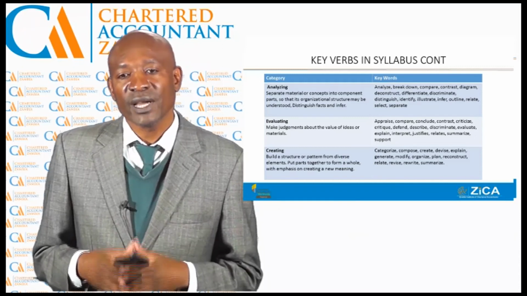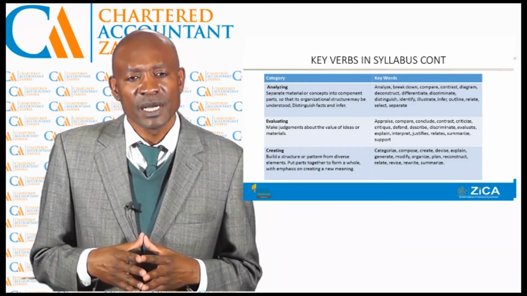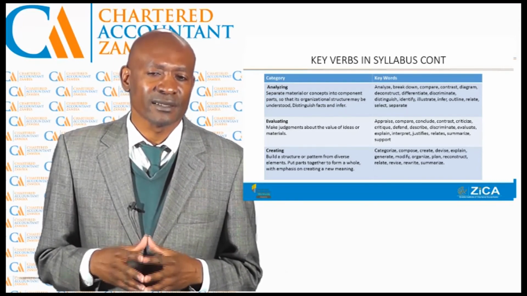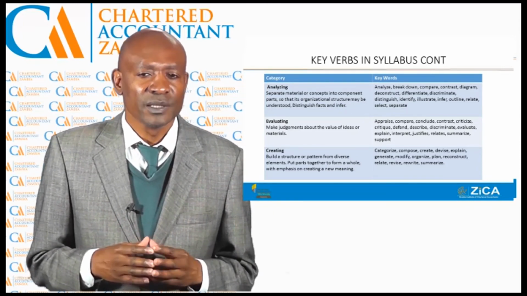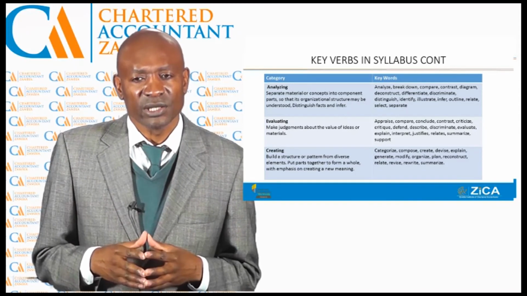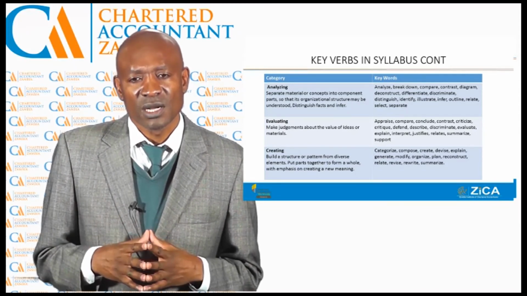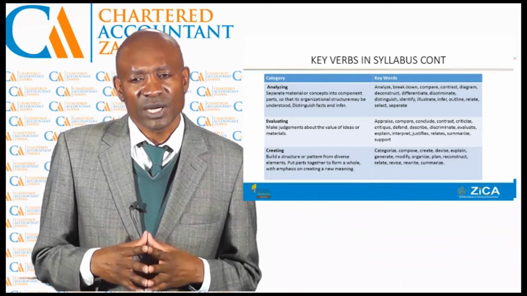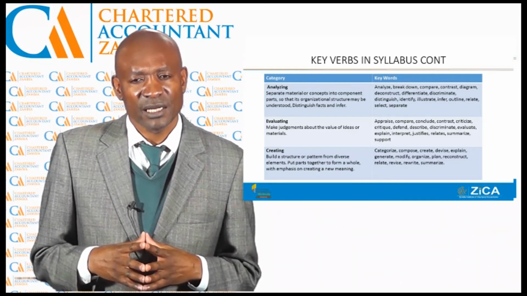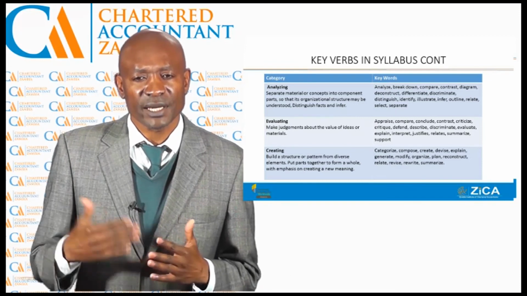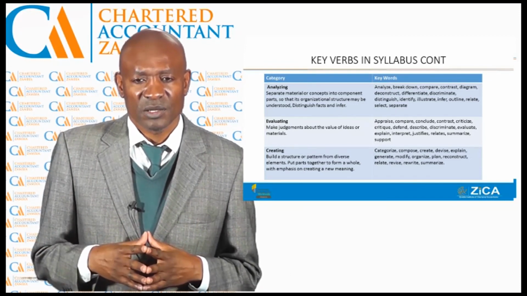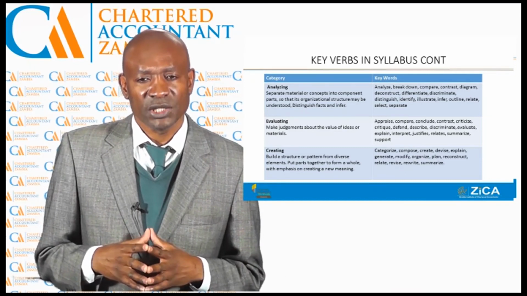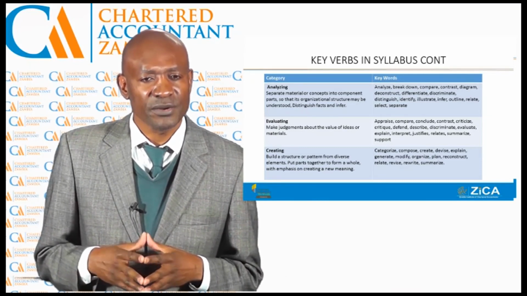Okay, there are also other words that normally carry small mark allocations, like list. This is normally a very basic word, and the mark allocations will clearly show that not much is required. State as well, normally where the examiner is requiring just a reproduction of the concept without much explanation, the word list is normally used.